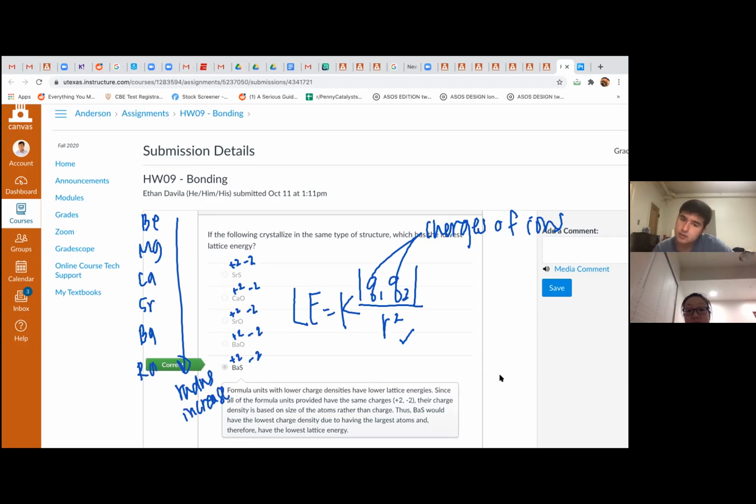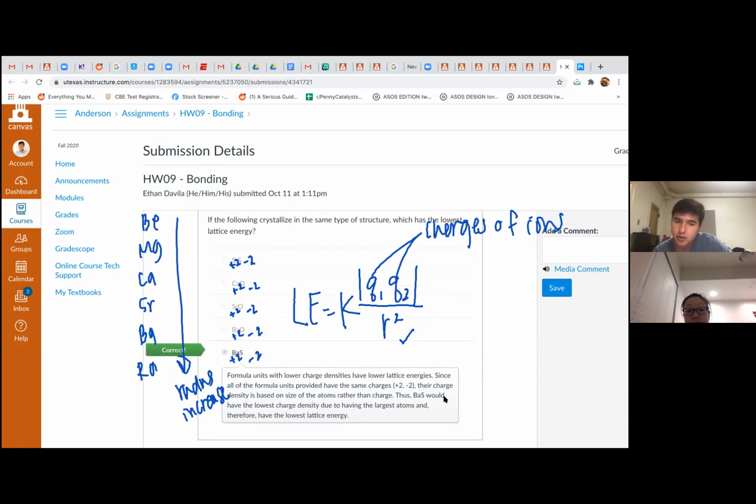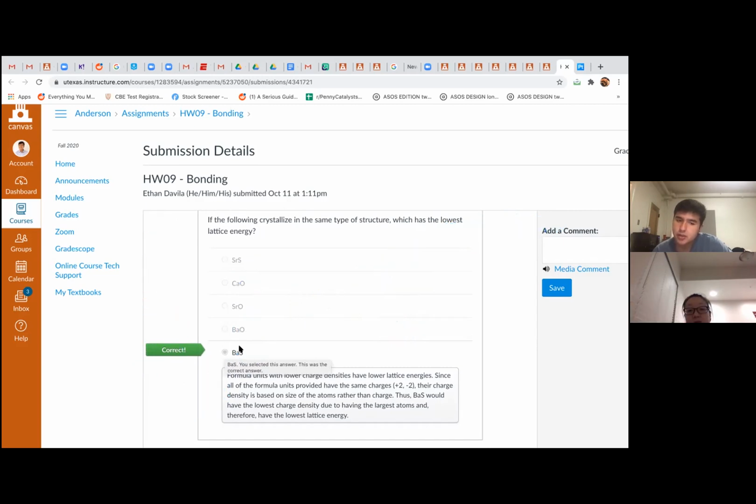So we want the smallest radius for it to have the largest lattice energy. But lowest lattice, you want the biggest radius? Yeah. Oh, so you can just look at the radius because they have the same charges. If they have the same charges, then all you got to do is just look at the radius. Oh, okay.